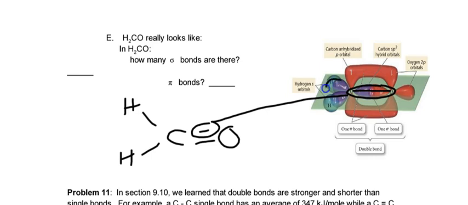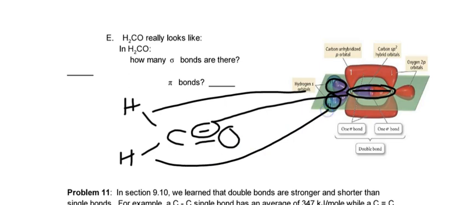Then I have these sigma bonds here, my single bonds, there and there. And then what? This pi bond is right here. So the second bond of a double bond is the pi bond. Oops, sorry, I should have overlapped it a little bit less than that. So here we go. It's right there. And so that's what the second bond in the double bond is, your pi bond.